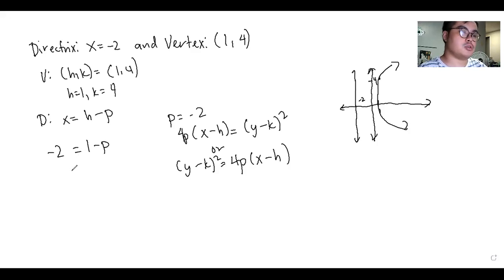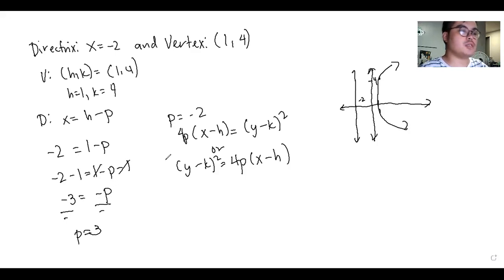So we're going to subtract both sides by 1. So we are going to simplify. So negative 3 equals negative p. So dividing both sides by negative sign, so our p is equal to 3.